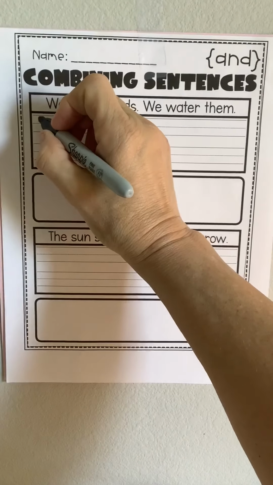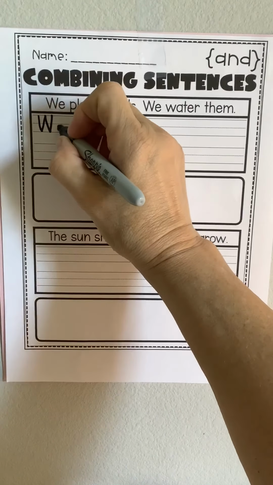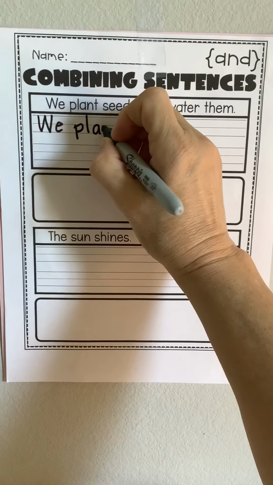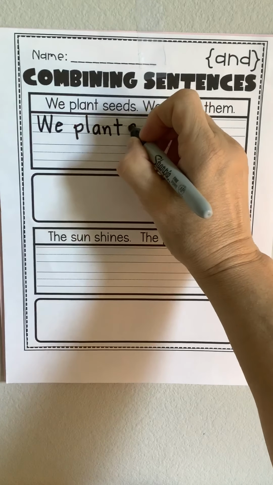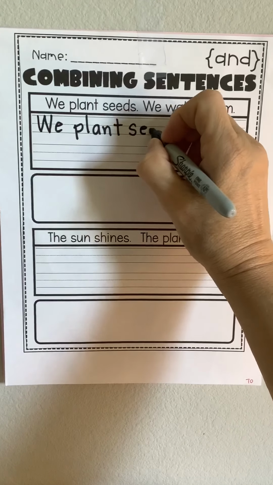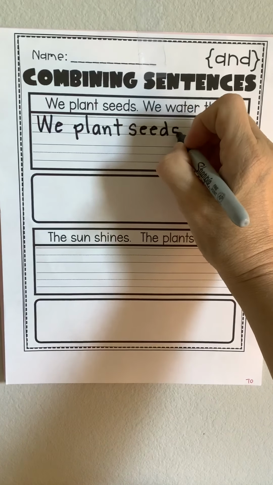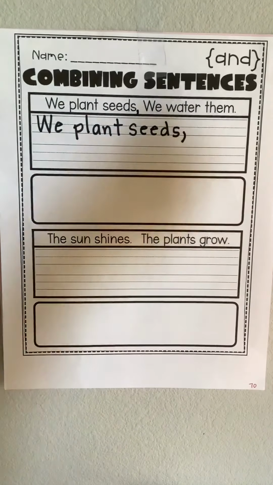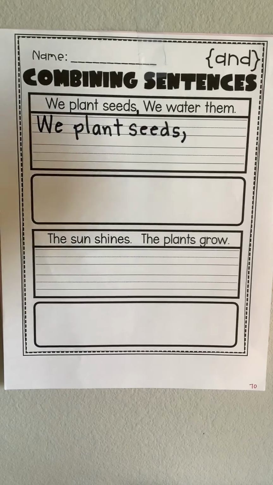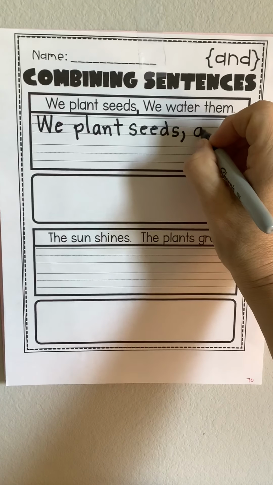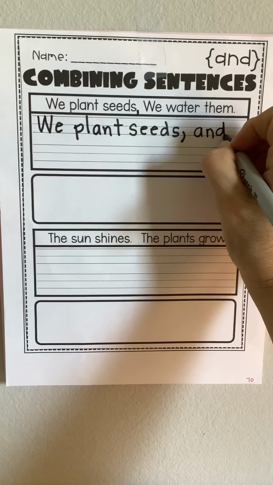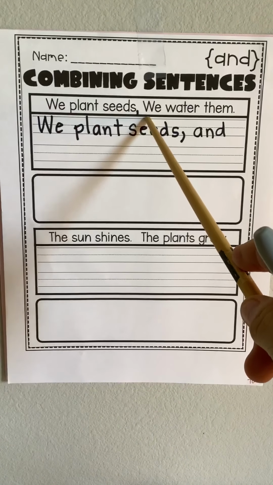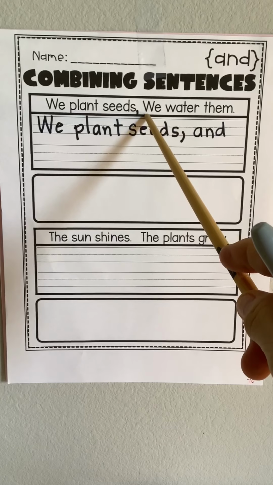Let's begin with we plant seeds. Okay, we're going to change our period to a comma, right? And what word are we going to use to combine them? And. Okay, now let's look at the word we. Is it somebody's name?